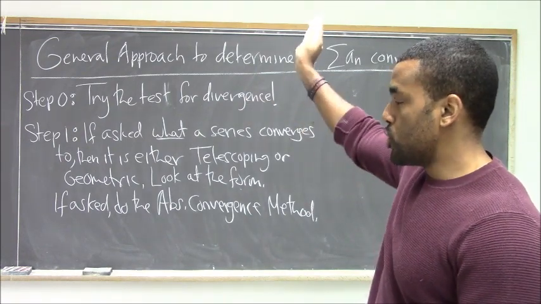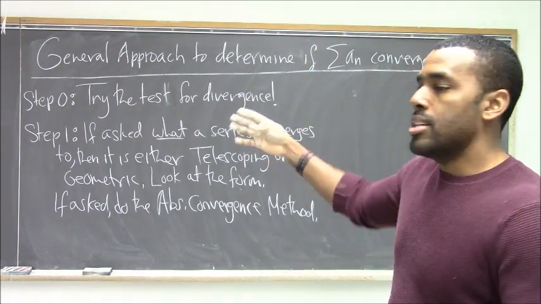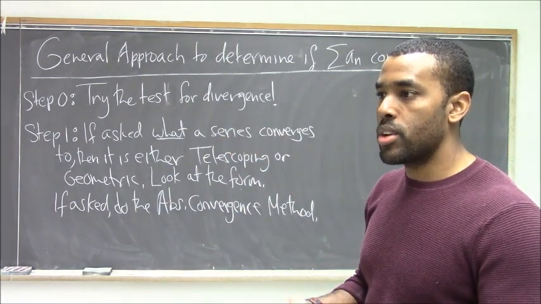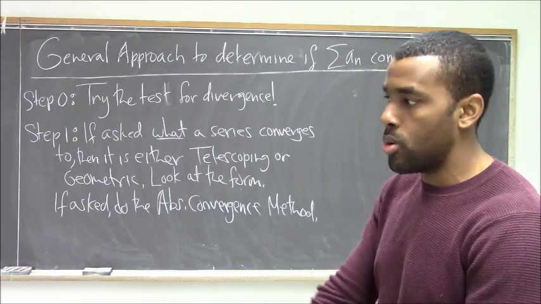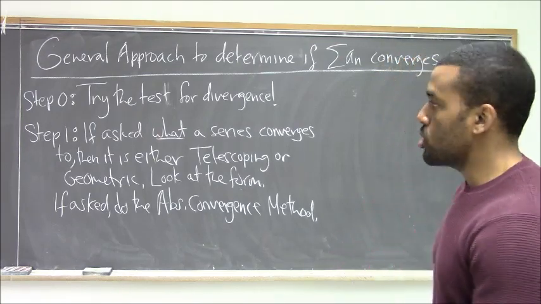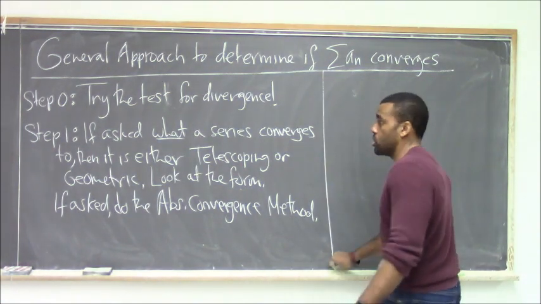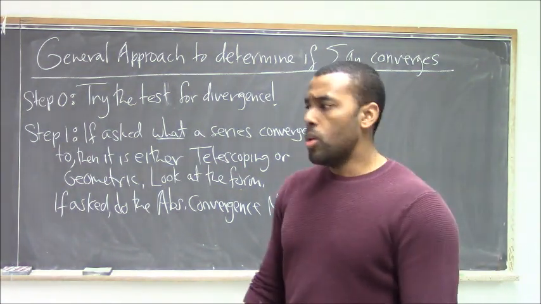Step 0 always comes first. Step 1 is that you might vary your technique based on how a question is phrased, or notice something based on how a question is phrased. Now, assuming that the question doesn't give you any other clues, what is the next thing you're going to look for?